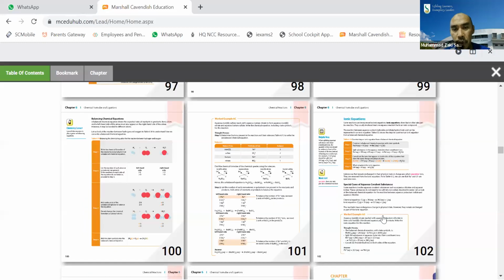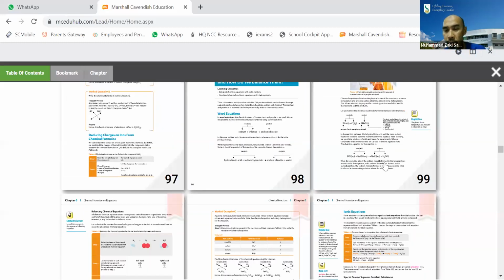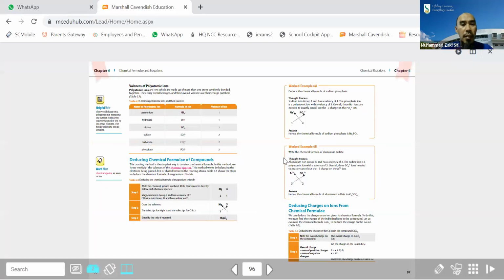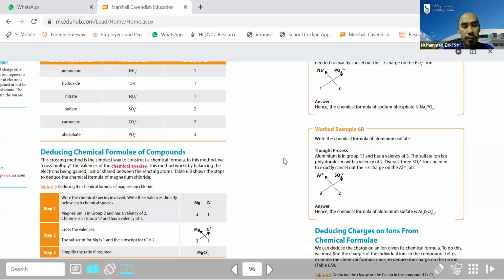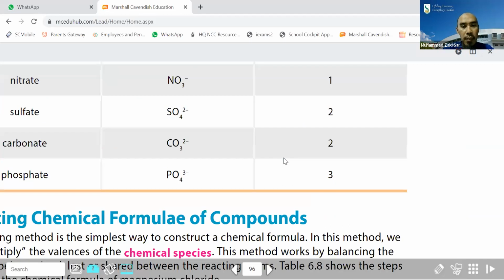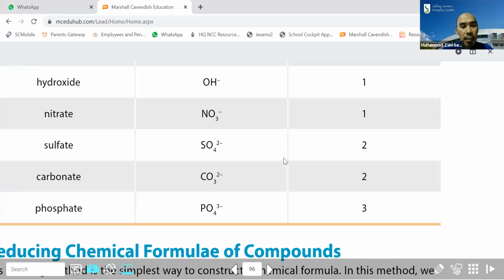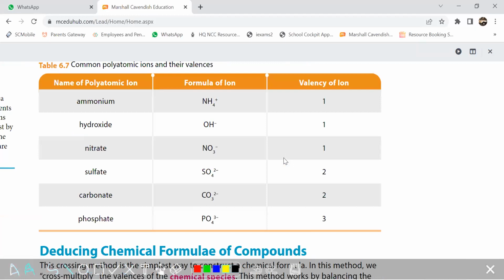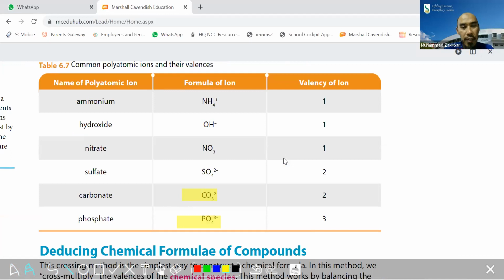Actually, it's inside the book. See, carbonate. You're supposed to memorize this. Just now phosphate, this one, sulfate.